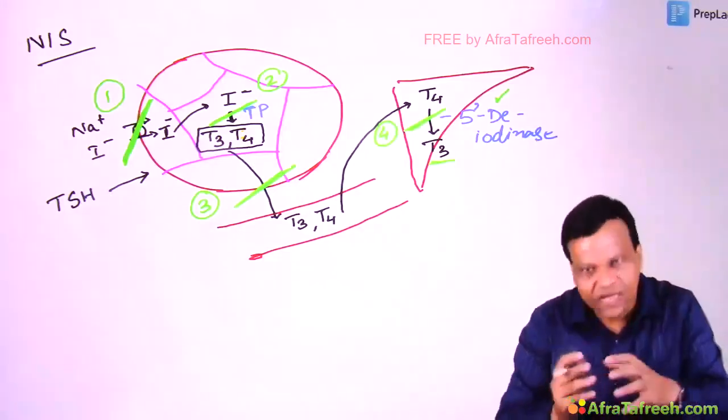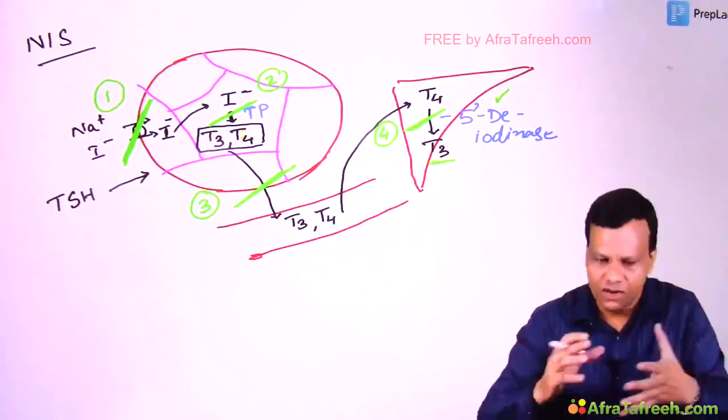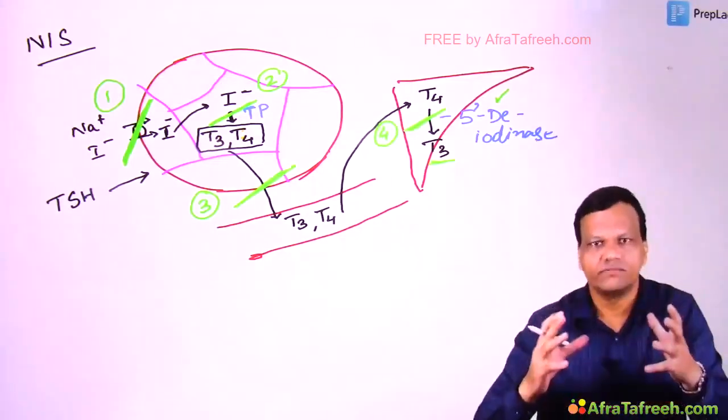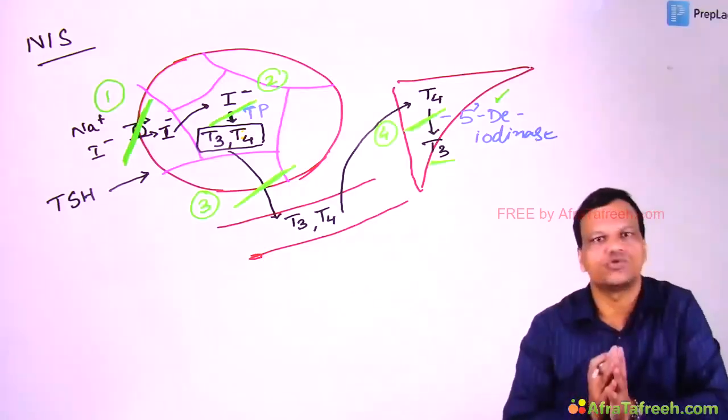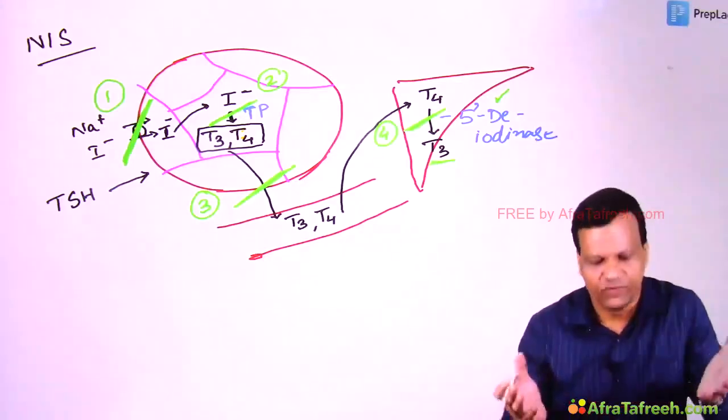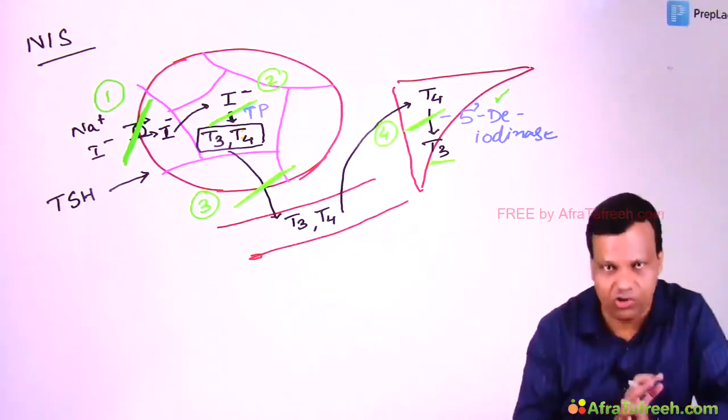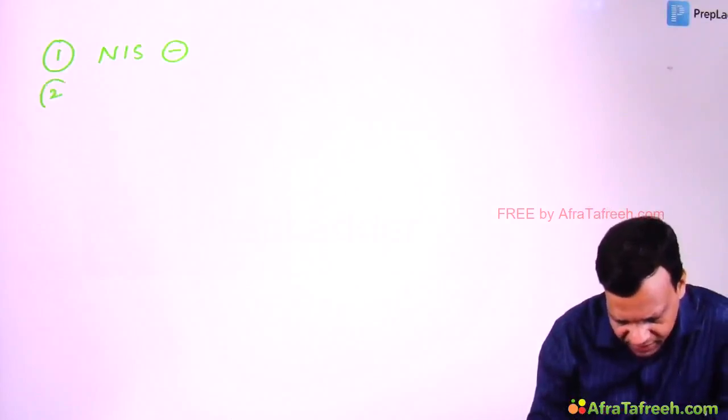And then we have two more groups of drugs. One which will destroy the thyroid gland. If the gland is destroyed, hormone will not be produced. And lastly, the drugs used for symptomatic treatment. So we will discuss these drugs in hyperthyroidism. First we will enumerate. First we have NIS inhibitors. Second we have thyroid peroxidase inhibitors.